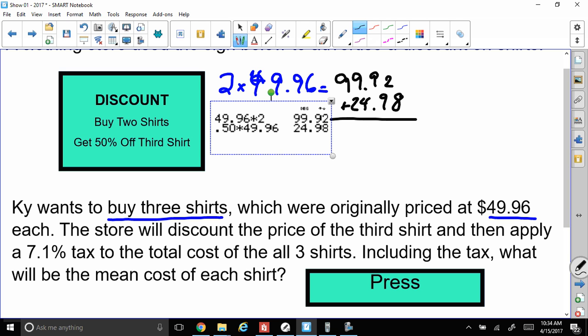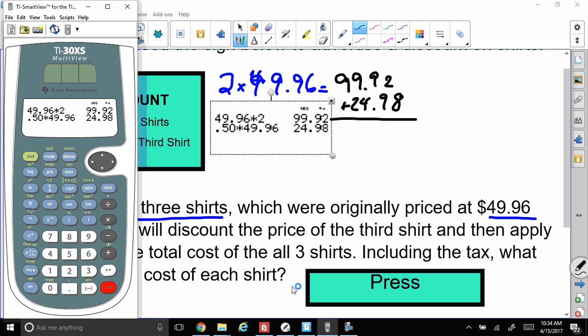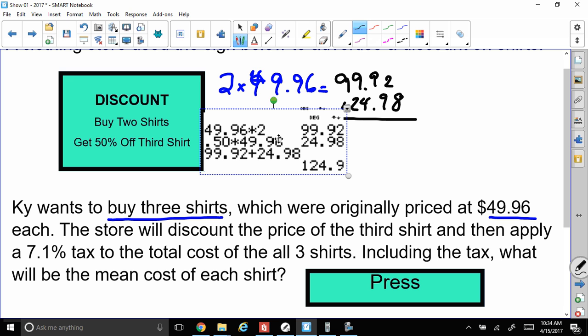So let's get our calculator, because we don't want to make any mistakes, and let the calculator add that up. $99.92 plus $24.98. That'll give us a total cost of shirts. So all 3 shirts, including the discounted shirt, is going to cost him $124.90. So let's put that there.